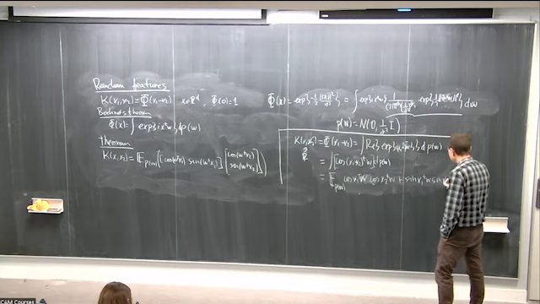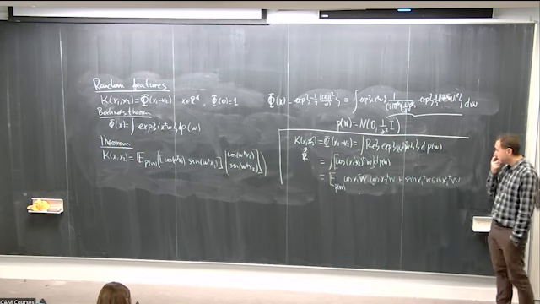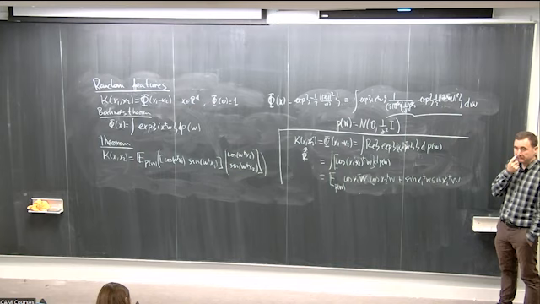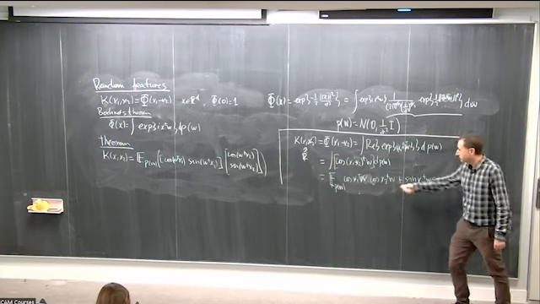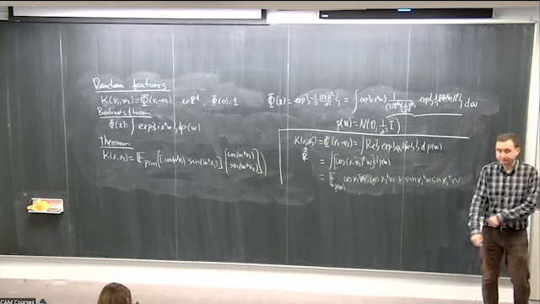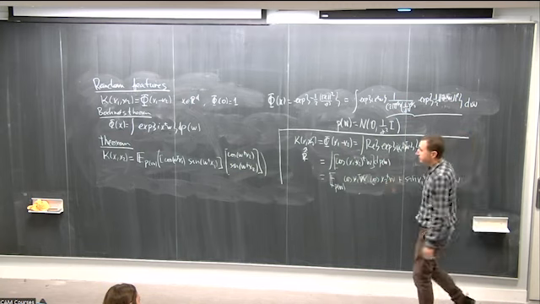This is just the elementary properties of sines and cosines. The cosine of the difference is cosine times cosine plus sine times sine, and that's the result we are trying to get.